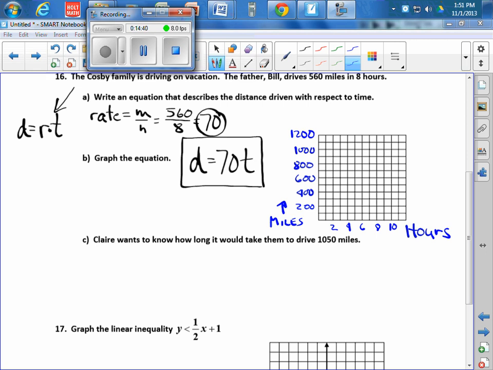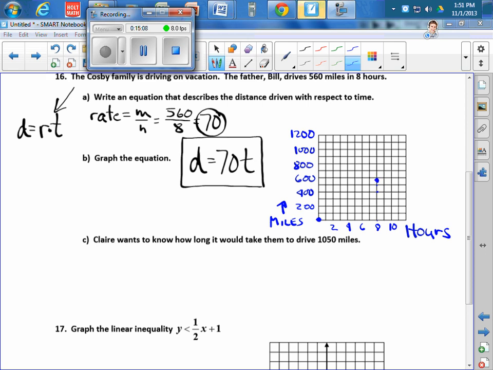Now, we need to graph this. So what this means is that, well, let's put a couple of points here. At 0 hours, we're going to be driving 0 miles. Doesn't that make sense? And then at 8 hours here, it's 560 miles. So here's 400. Here's 500. 550 was halfway between, so 560 will be a little bit more than that.